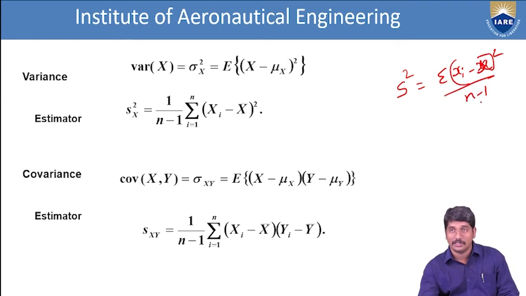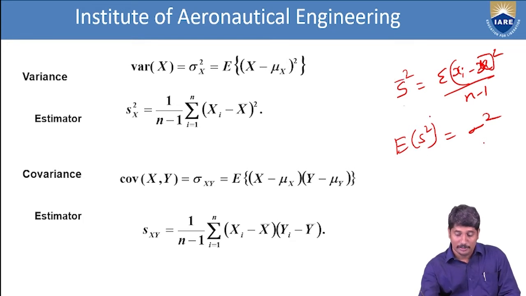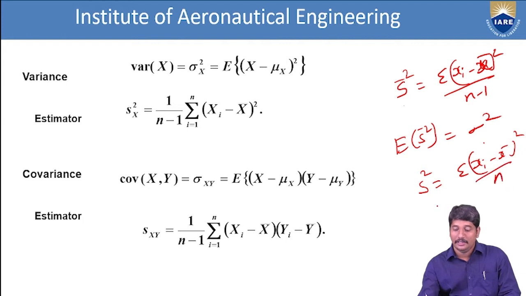Here you find that E of s square is always equal to the population variance, and hence this modified sample variance is called the unbiased estimator of population variance. But if you replace this with the regular sample variance, that is the sum of xi minus x bar whole square divided by n, then E of s square is not equal to sigma square.